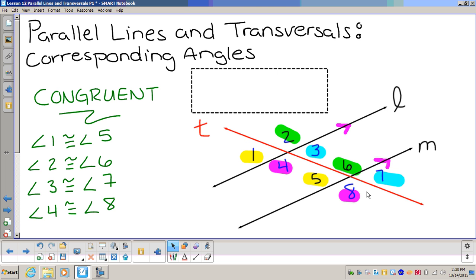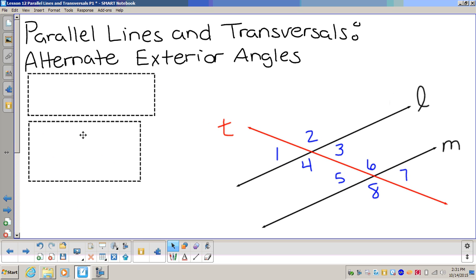If we look at the alternate exterior angles, 1 and 7, 2 and 8, when these two lines are parallel, and I should have shown that, when L and M are parallel, then those pairs of angles are congruent as well.